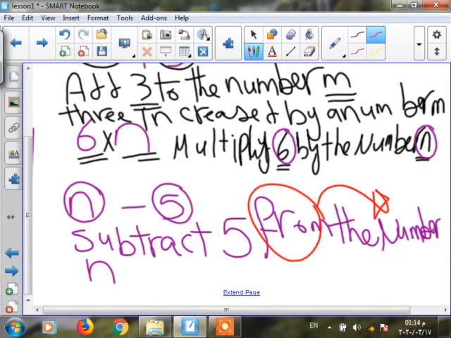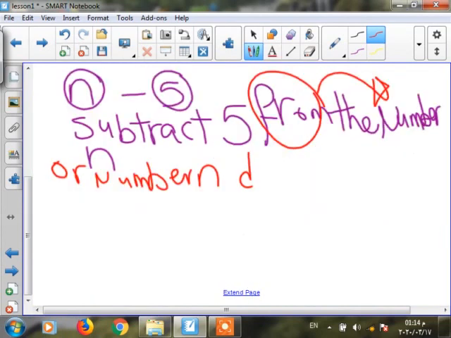Or I will write it another way, in order: the number n is decreased by 5.